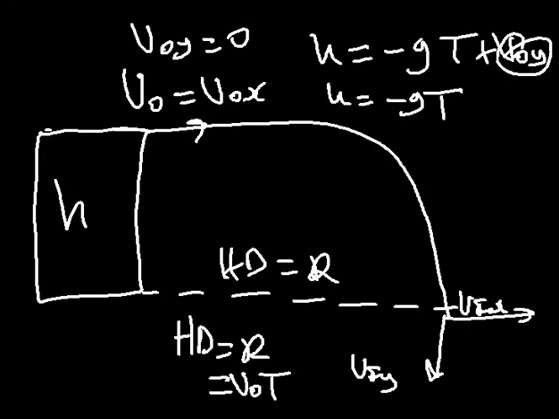Apart from that, we can also find the horizontal distance, which is the launch velocity times the total time. And how about the velocity as the object strikes the ground along y? We use the formula vfy is equal to negative g times total time plus the initial velocity along y, which is given as 0.